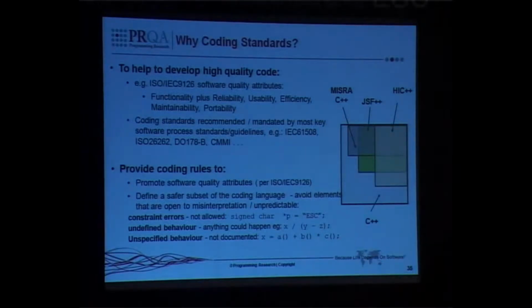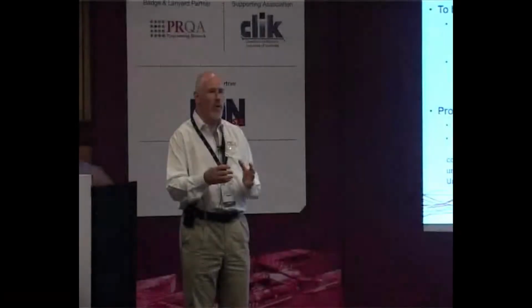They perhaps have different rules for different targets. But the basic idea is to subset the programming language to steer you away from using language constructs that are perhaps very poorly defined, perhaps implementation defined, perhaps hard to understand, or perhaps open to misinterpretation and being misunderstood.